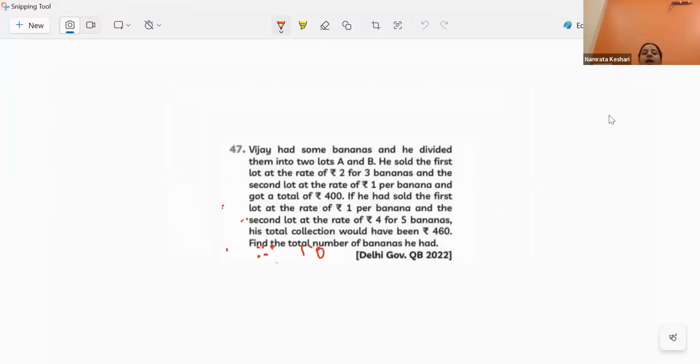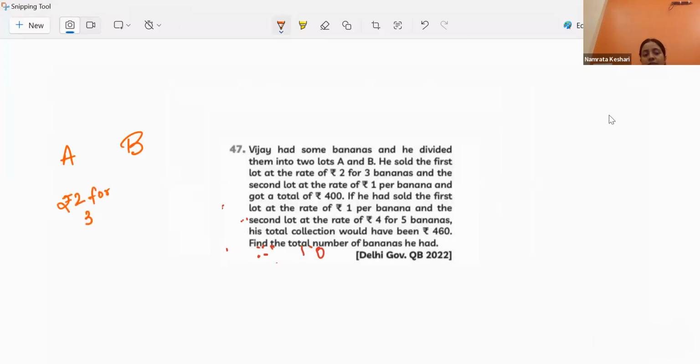It says that Vijay had some bananas. He divided them into lot A and B. He sold the first lot at a rate of rupees 2 for 3 bananas.